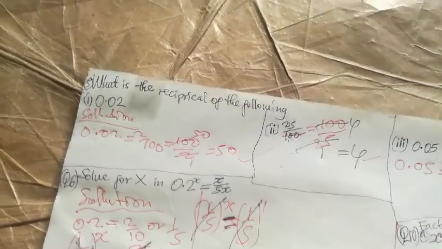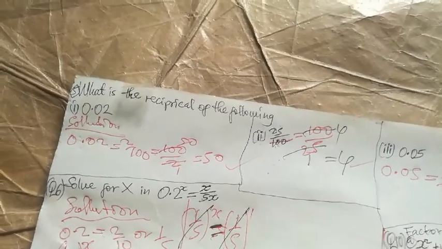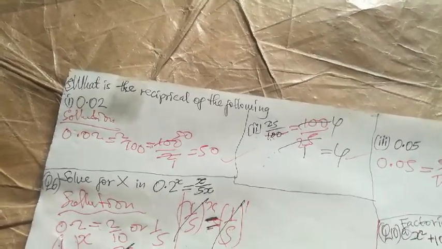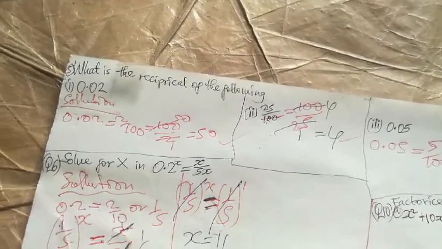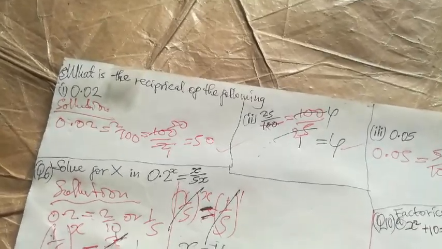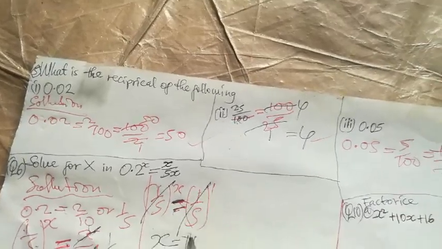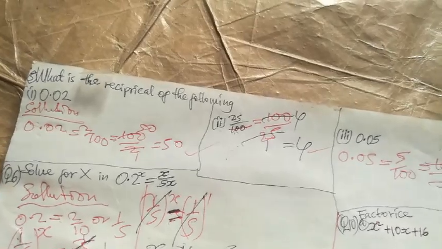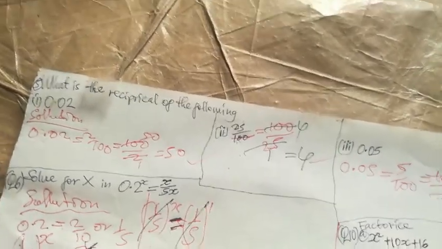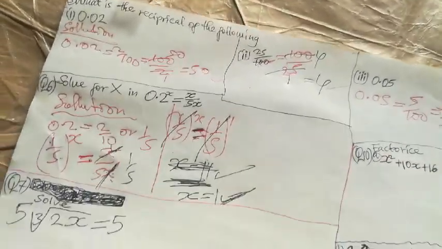A fifth power x is the same as x over 5x. We cancel x, which leaves a fifth. A fifth power x is the same as a fifth power 1. If we cancel, we are going to remain with 1. So our answer will be x is the same as 1, and this is the required answer.